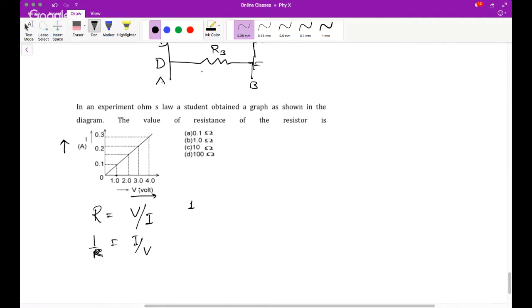Current is a response to voltage. Now, what is voltage here? 1. And what is current here? 0.1. So hence, R will be 1 upon 0.1, 10 ohm. Good. One more.